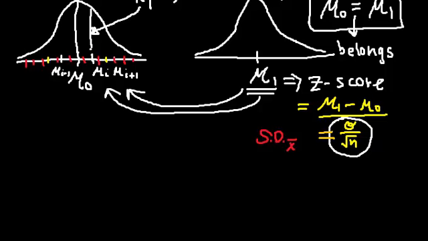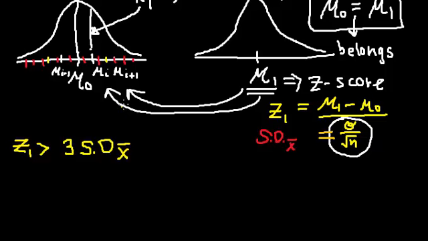Now let us say that we were able to compute for mu1, and we got a value for z. Let's say our value for z was z1, and let's say that z1 was found out to be more than 3 standard deviations of the sample means.